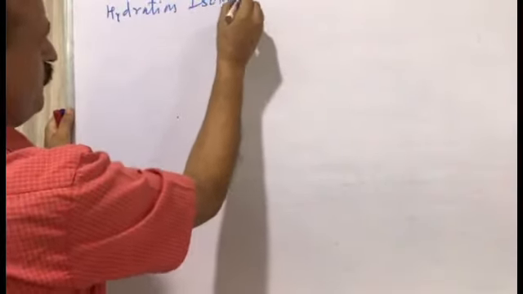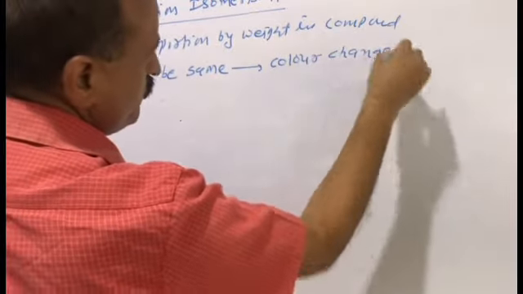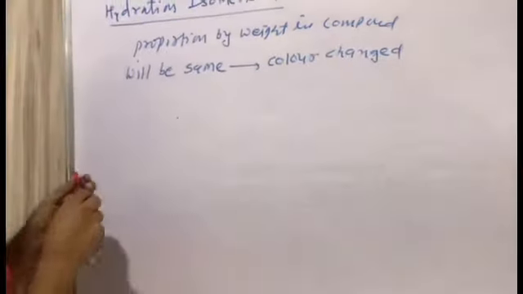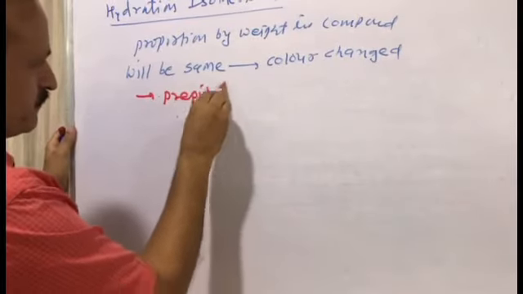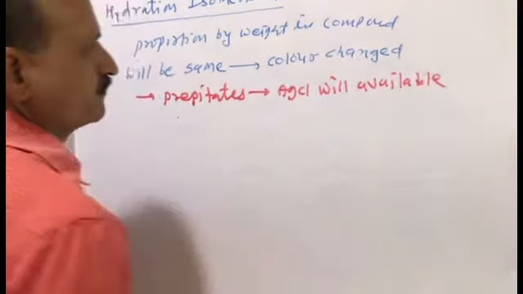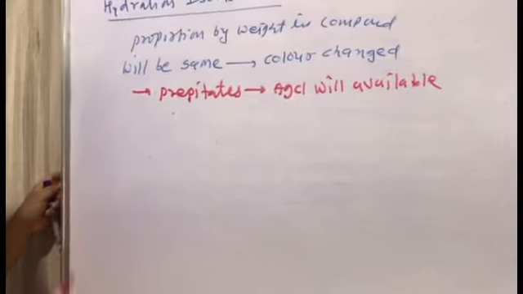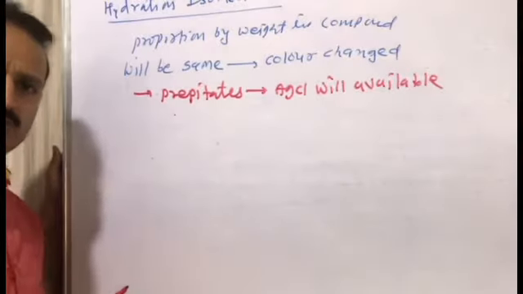Color change and precipitates of AgCl will be available. This is the main topic of hydration isomerism.